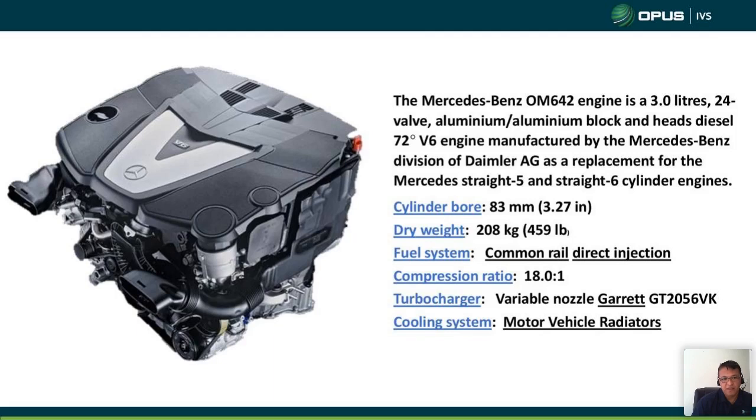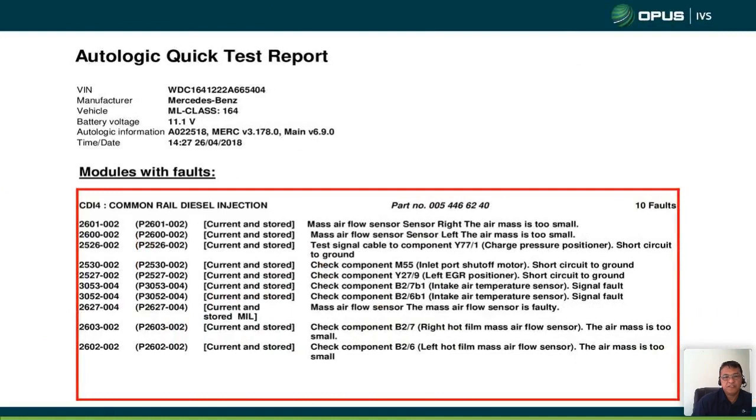So to give you an idea what the rectification will be. First thing, normally what I receive with this kind of fault codes, the issue is the engine is lacking power. As you have noticed, there are different parts involved here: inlet port shut-off motor, EGR positioner, intake temperature sensor, which is part of the MS, and all are short circuit to ground.